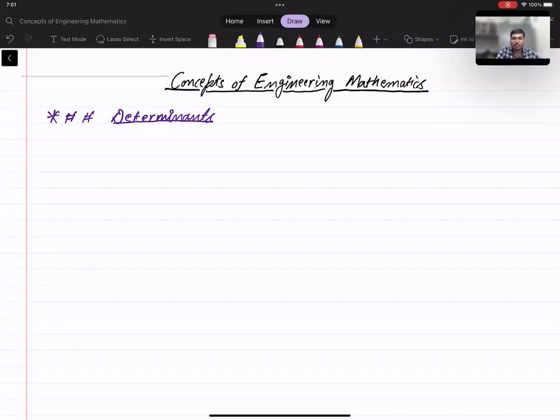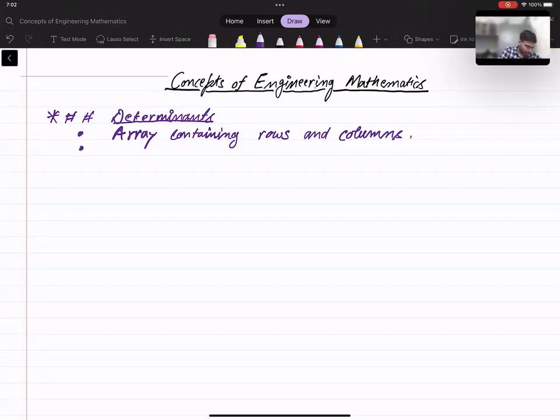Okay, so this is also a way of representing the data in the form of an array containing rows and columns. And we have a symbol to represent determinants.